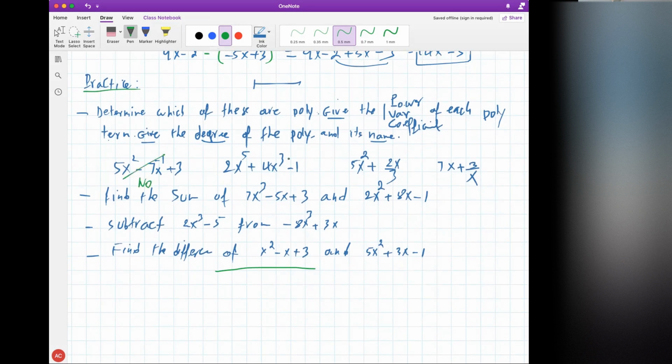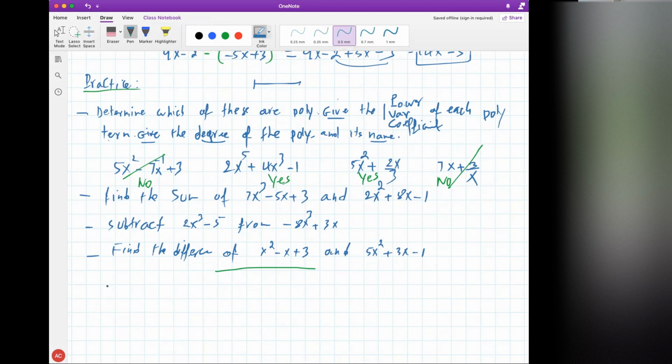This one? Yes, it is. So we're going to find the degree and everything for each one of these terms. What about this one? Yes, this is fine. And this? No, because of the x in the denominator. So forget about those two. We're only going to work with these.